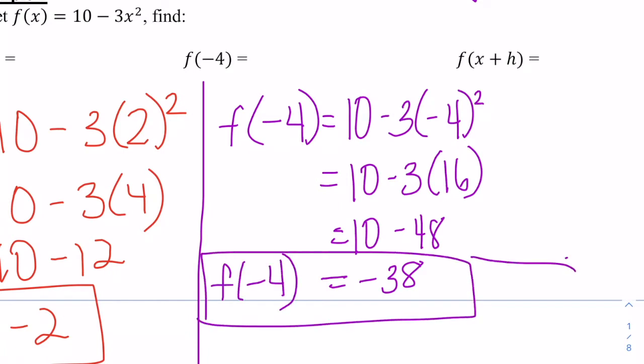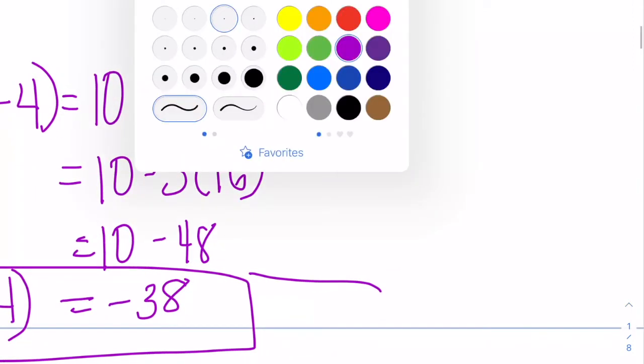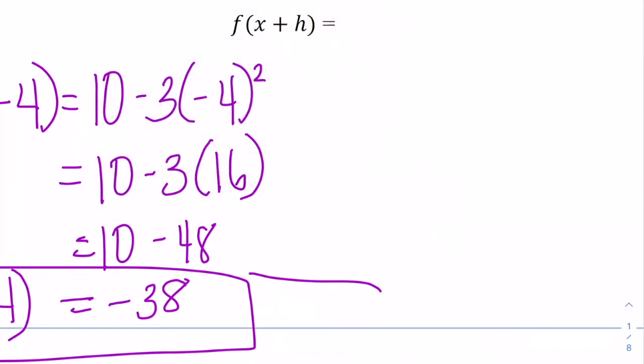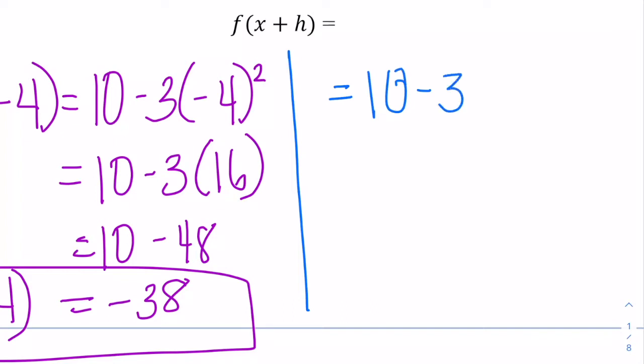And for the final example, we're going to plug in x plus h. So this will equal 10 minus 3 times the quantity x plus h squared.